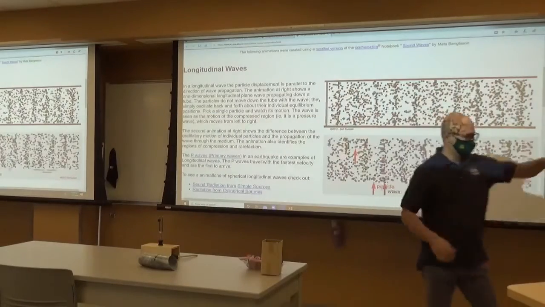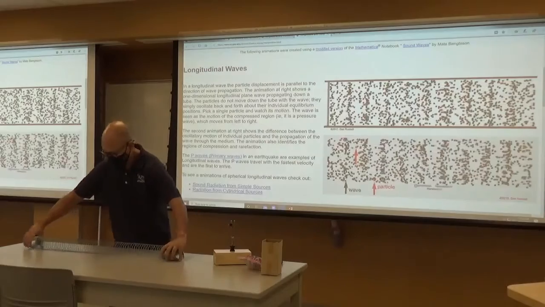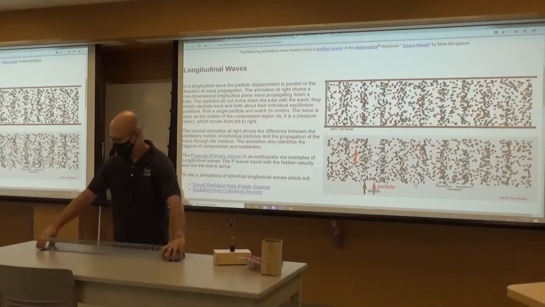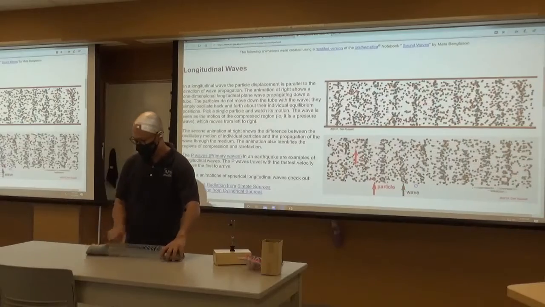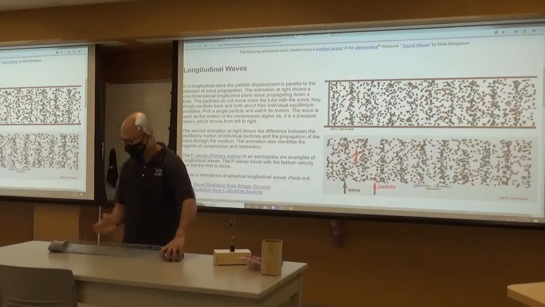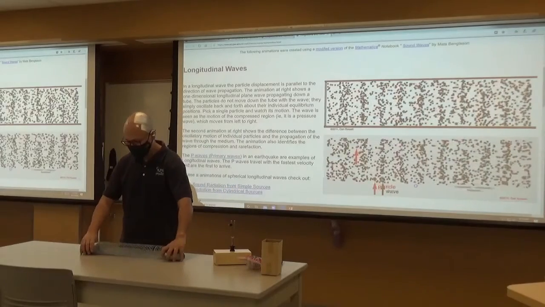Longitudinal wave. If I move this slinky like this, that's longitudinal wave. So the molecules in the medium are moving back and forth along the same direction as the direction of the wave.